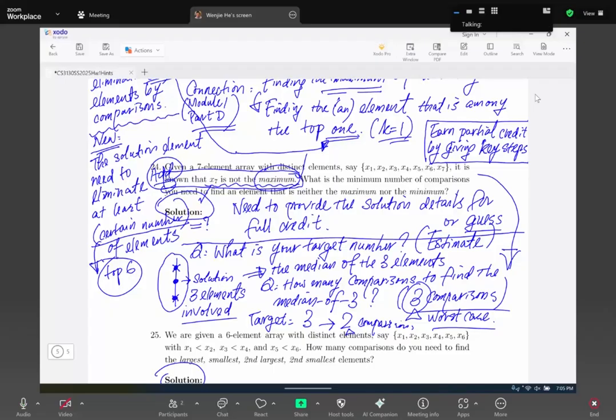But when you do them, you need some guidelines, because your computing resource is very precious. You only have 2 comparisons. You don't want to waste your precious computing resource. So you want to use your precious 2 comparisons wisely.